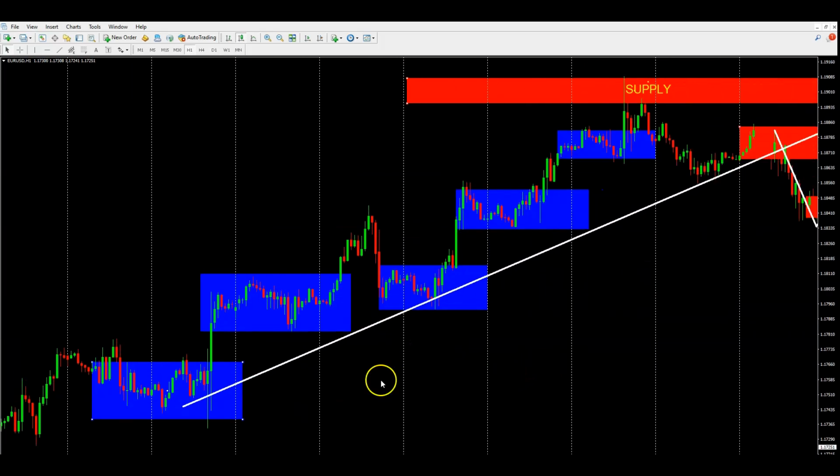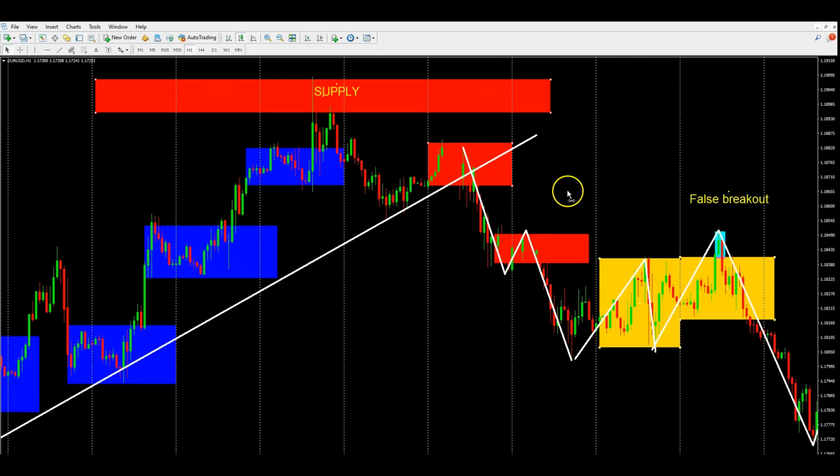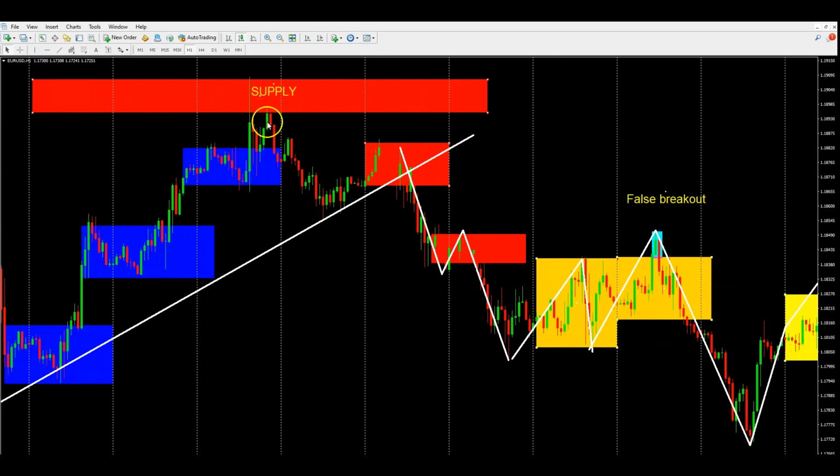Since you're going high, you're making higher highs and higher lows, higher highs, higher lows, higher highs, higher lows, higher high, higher low, higher high. You have come to a supply zone, and now what has taken place here, you got a huge, let's just draw it out.